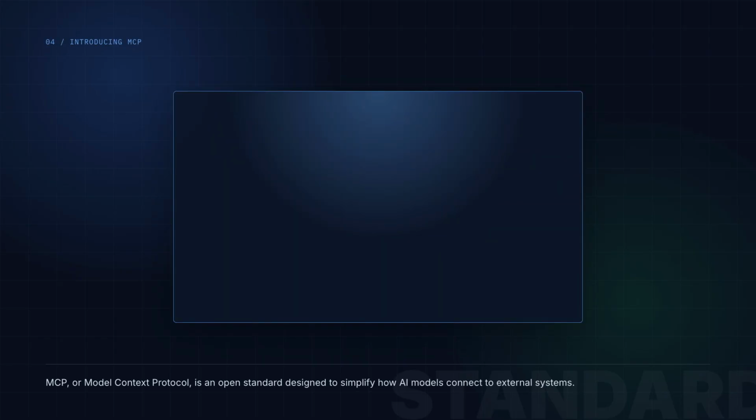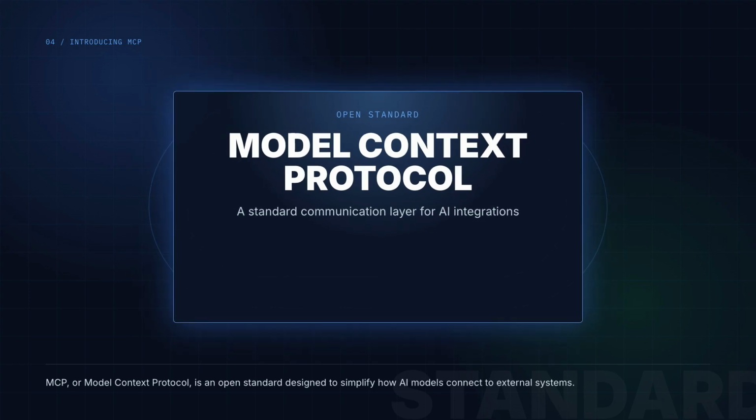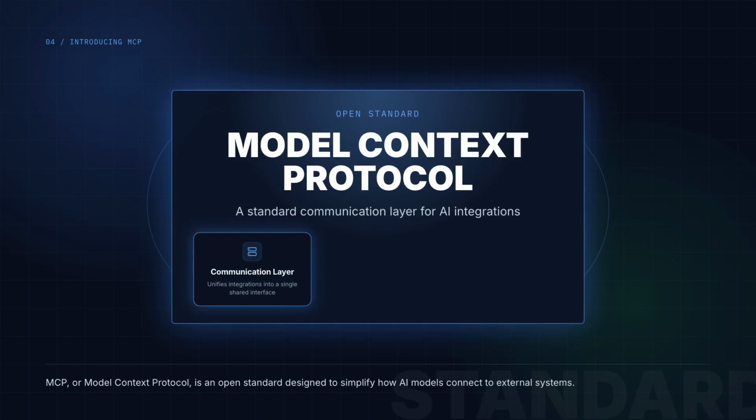So, introducing MCP. MCP stands for Model Context Protocol. It is an open standard for connecting AI applications to external tools and sources of context. The important word here is standard. Instead of every AI application inventing a different way to talk to every system, MCP defines a shared communication layer.